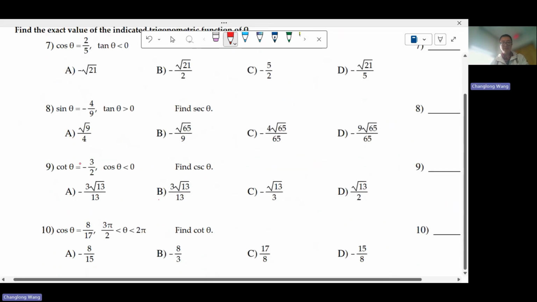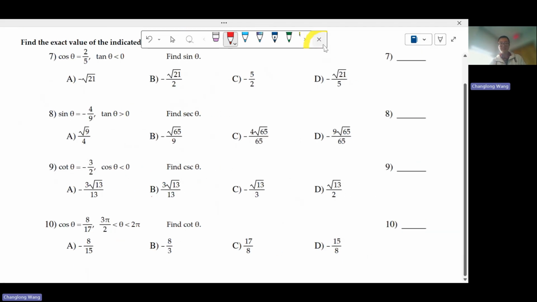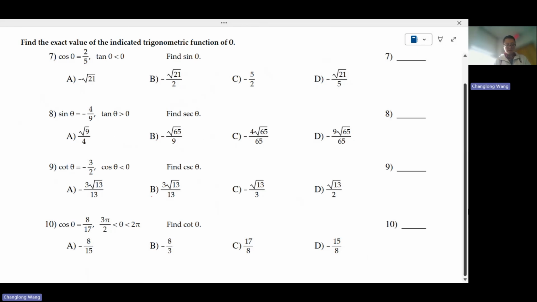So we may not have time to work everything out, and because these are the questions that you're gonna have to work on anyway for our test, right? But I'm actually more curious about 9 and 10. Okay, so let me work out 9, and you guys give it a try in number 10. How about that?